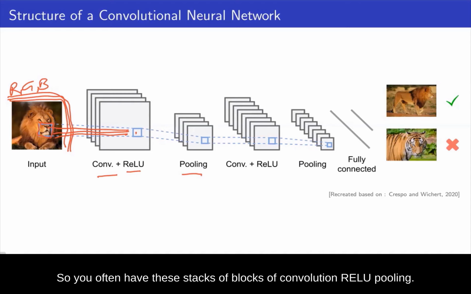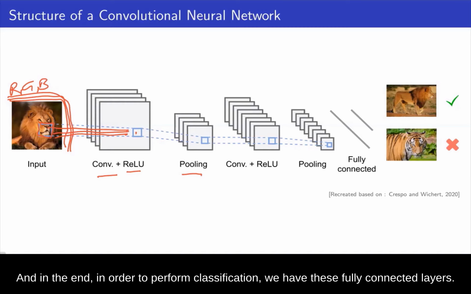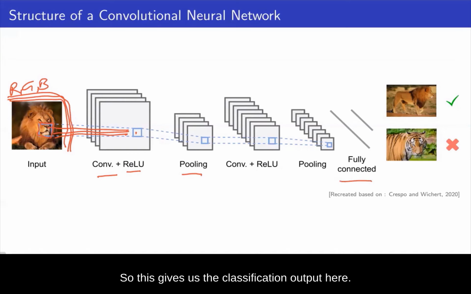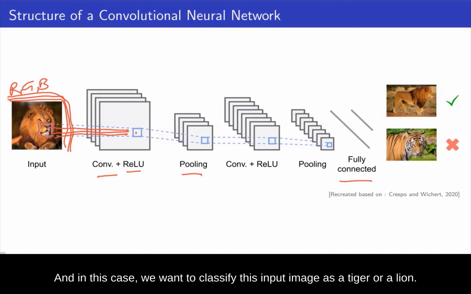So you often have these stacks of blocks of convolution, ReLU, pooling. And in the end, in order to perform classification, we have these fully connected layers. So this gives us the classification output here. And in this case, we want to classify this input image as a tiger or a lion.